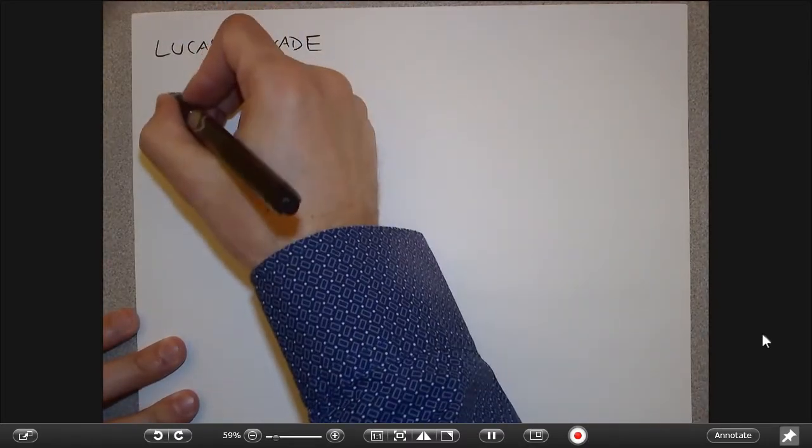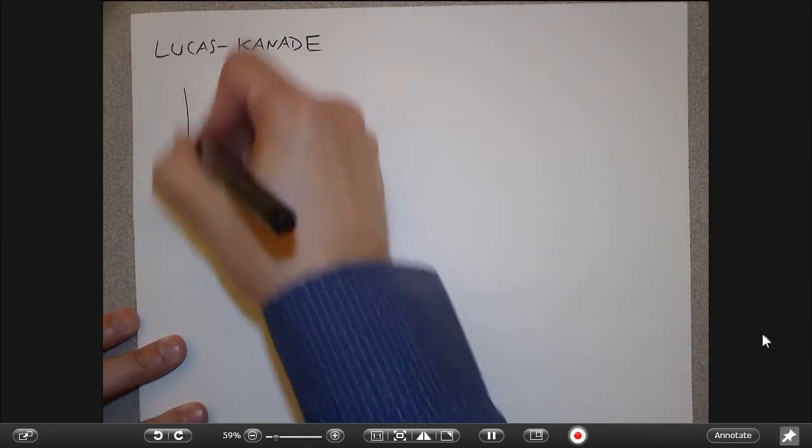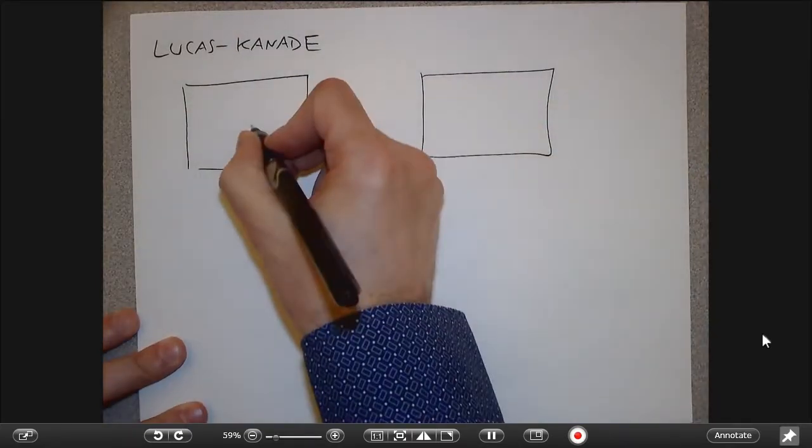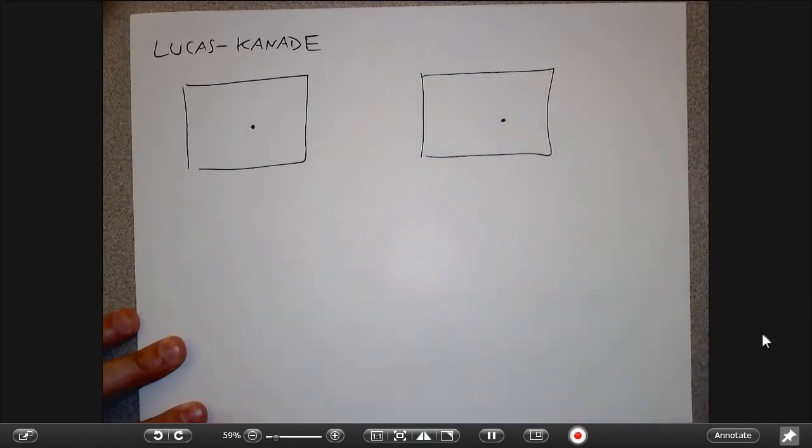One way to think about that is, the main idea is I could say, okay, let's suppose that I want to think about flow as a process of matching local pixels, right?